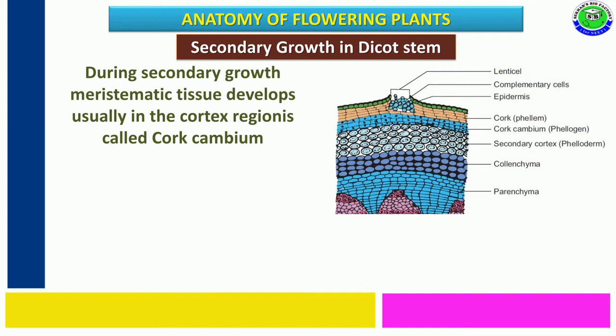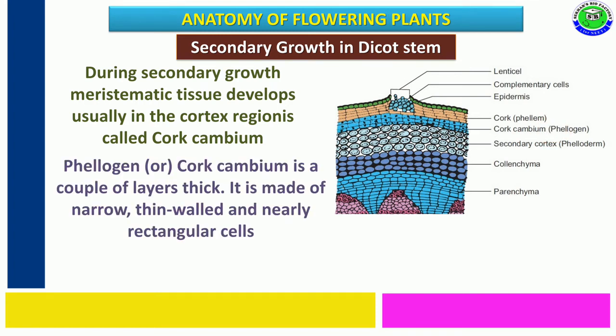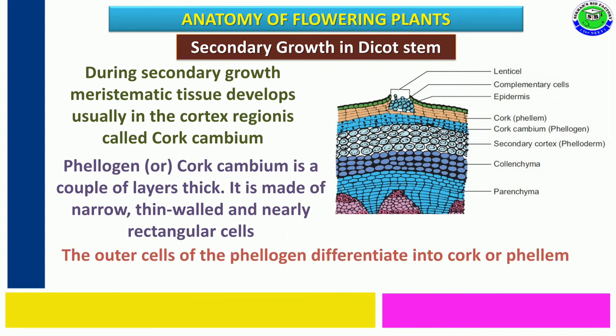During secondary growth, the meristematic tissue which usually develops in the cortex region is called cork cambium or phellogen. The phellogen has a couple of layers of thickness of cells, and it is made up of narrow, thin-walled and nearly rectangular cells.